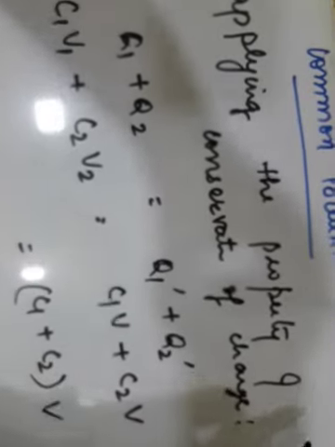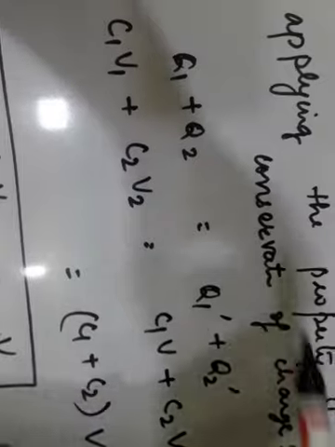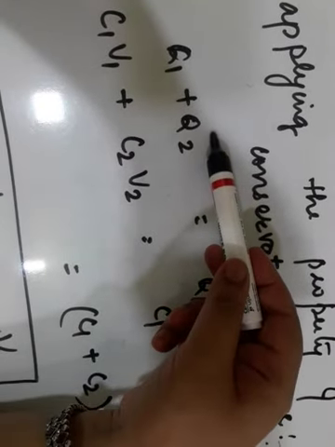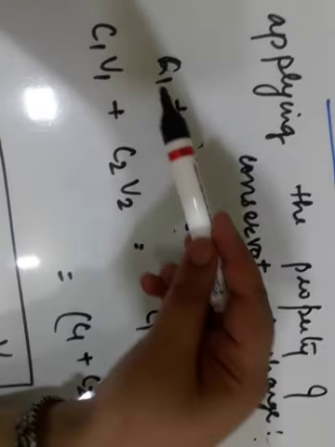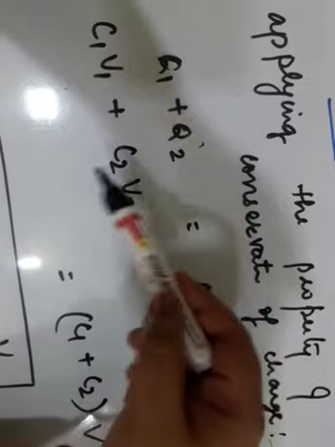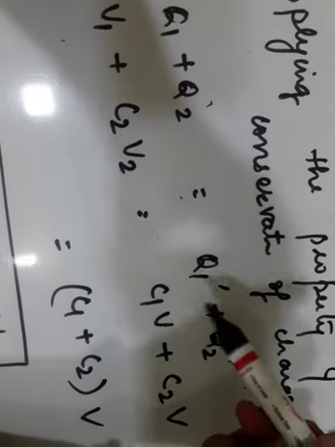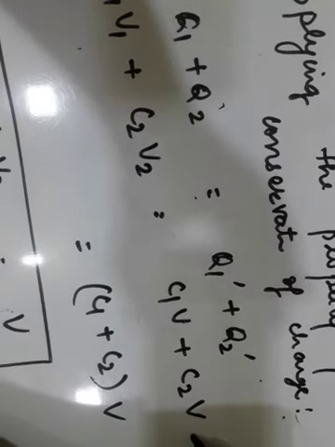So, applying the property of conservation of charge through this property, the charge of the system before sharing and after sharing becomes equal. So, Q का formula लगा दिया CV. So, 1 है तो C1 V1, 2 है C2 V2 becomes equal to C1 times the common potential plus C2 times the common potential.